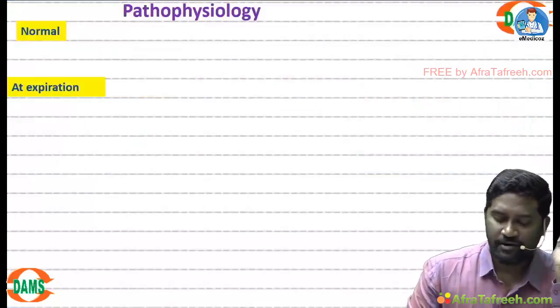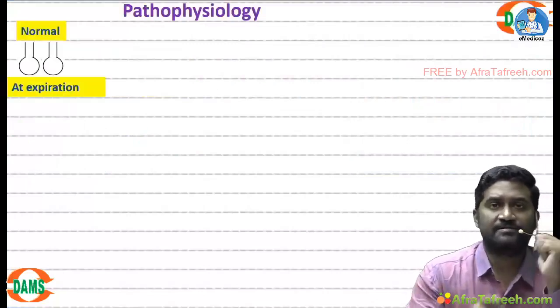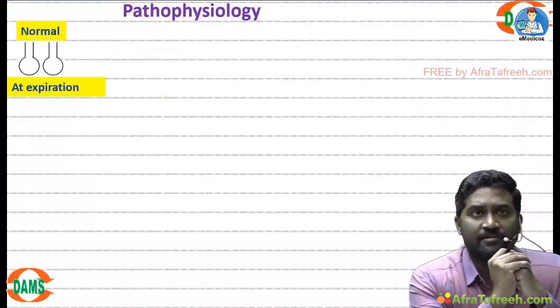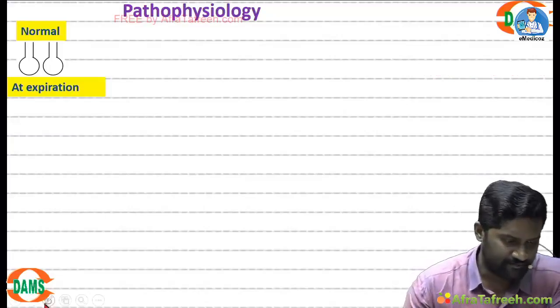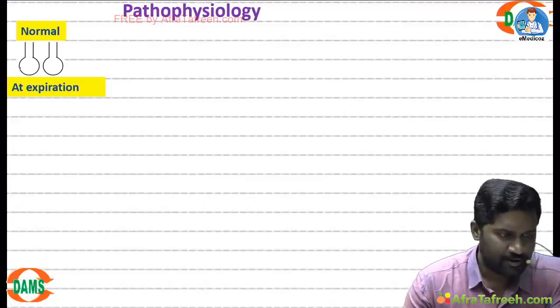So write down, normally at expiration your alveoli will be partially open like this. What is the reason for alveoli to be partially open? Because inside the alveoli there is a substance called surfactant.